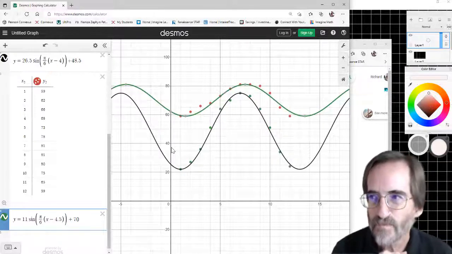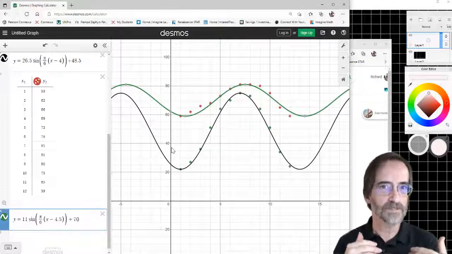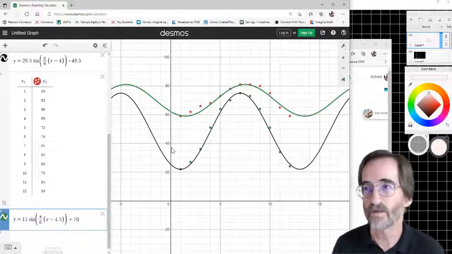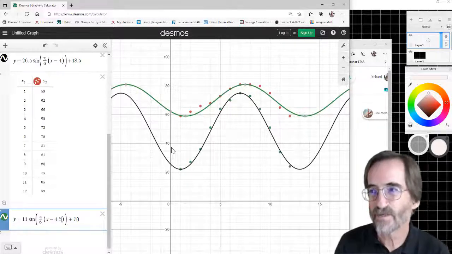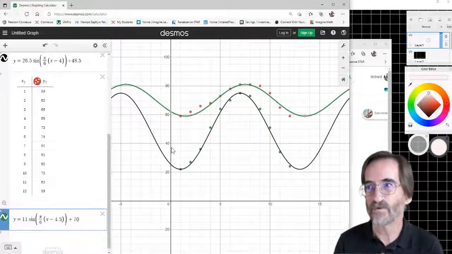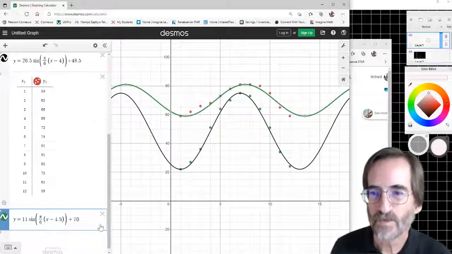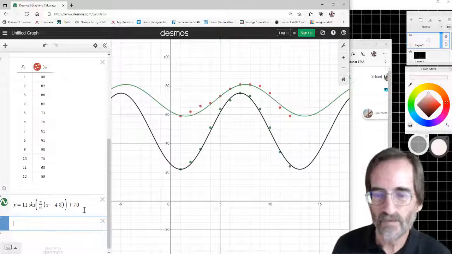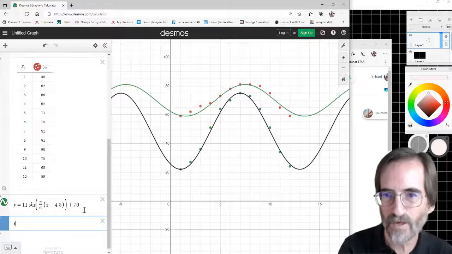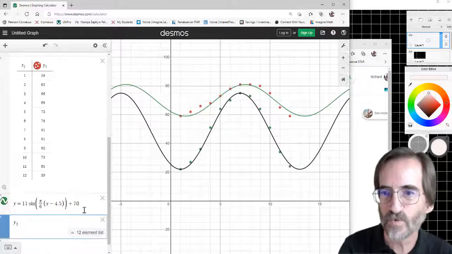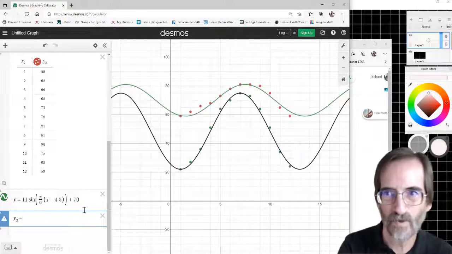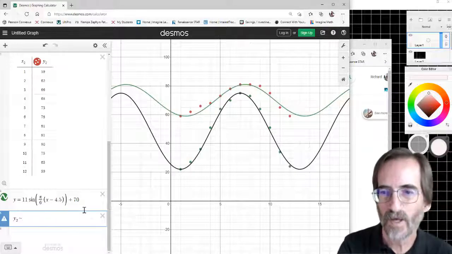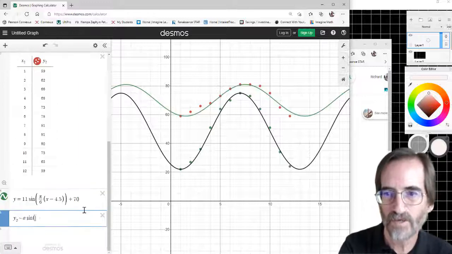Okay. Now notice the high temperature is only slightly higher than Edmonton, Canada, but the low, it doesn't get nearly as low. And this is a pattern that we're going to discuss later on here. All right. So, just to review one more time, if we wanted to do this automatically, it would be y2 tilde, because it distinguishes between y2 and y1. Okay, a sine, not the pi divided by 6.